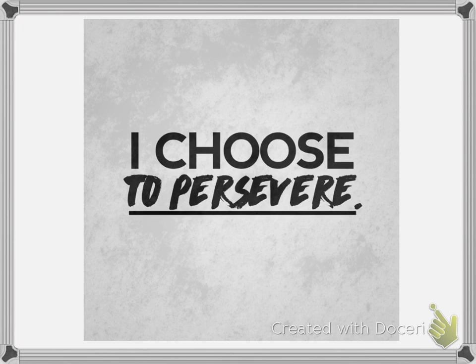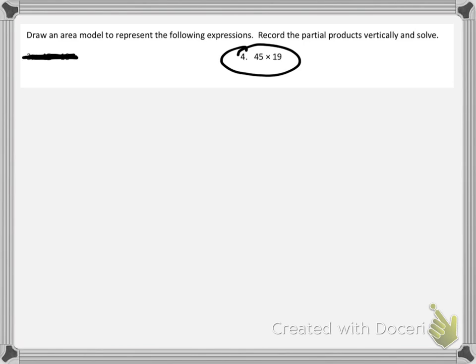Okay, I know this is a lot, but I hope that you're saying this to yourself. I choose to persevere. Don't give up. Keep trying. Draw an area model to represent the following expressions and record the partial products vertically and solve. Solve 45 times 19. Please bring in your area models and your partial products tomorrow in school.